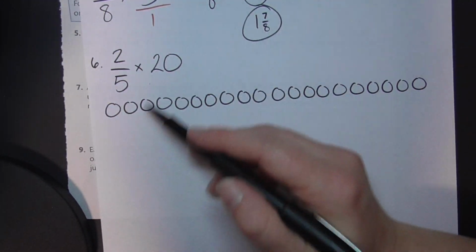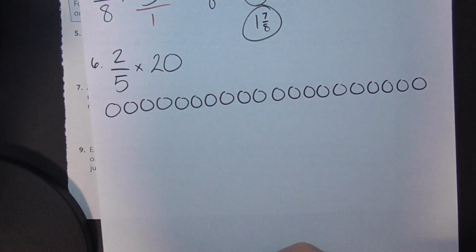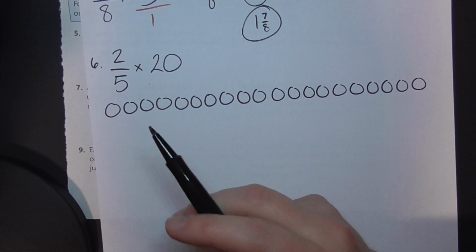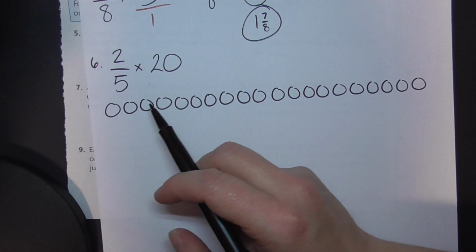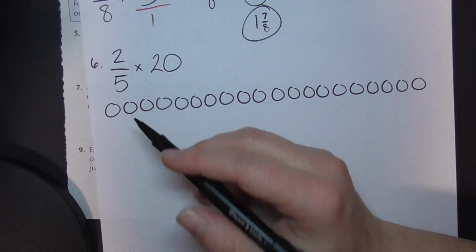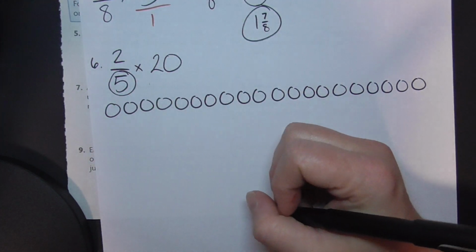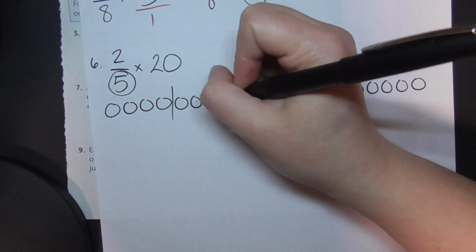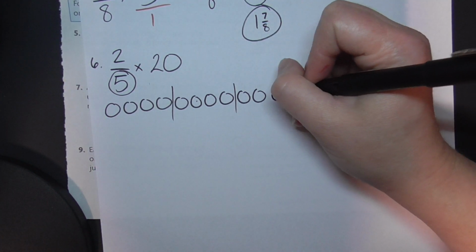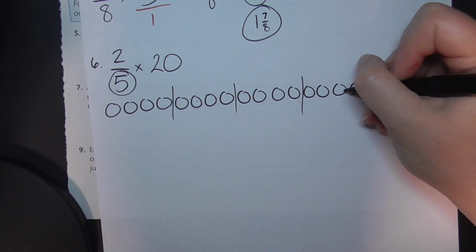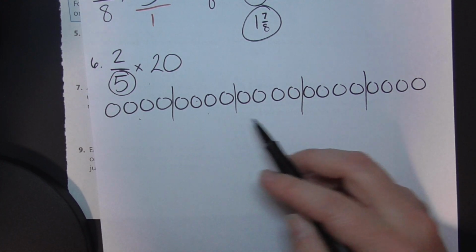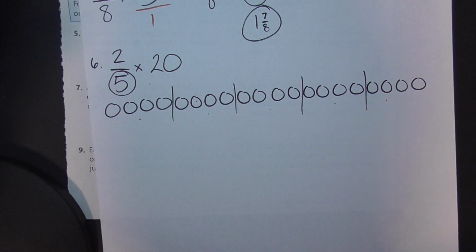So I know that 20 divided by 5 is 4. So I'm betting that I'm going to have 4 parts in each of my 5 equal groups. 1, 2, 3, 4. And I have 5 groups.